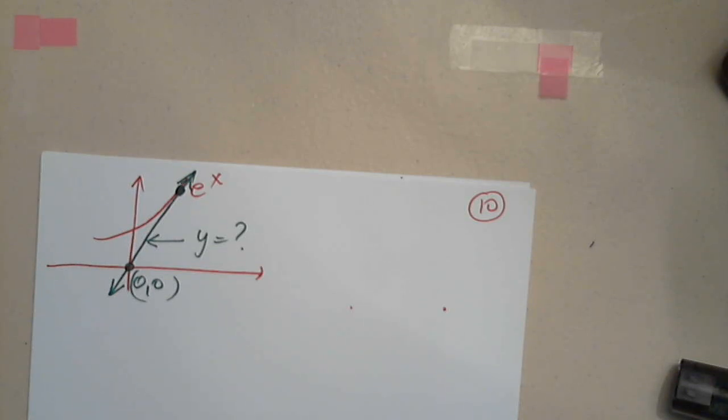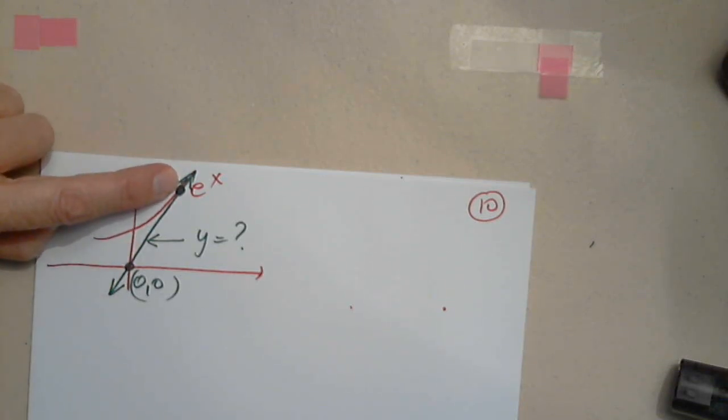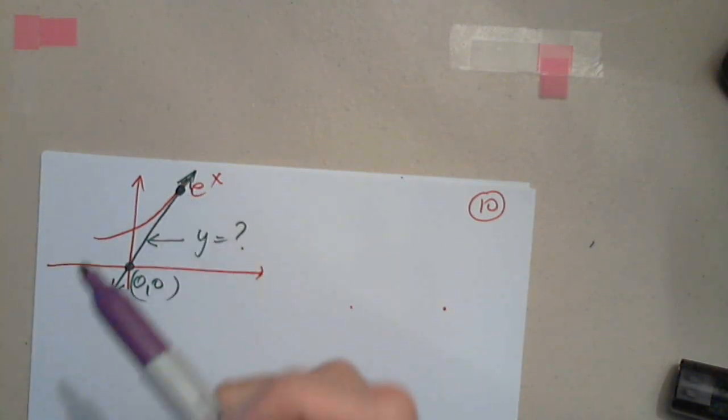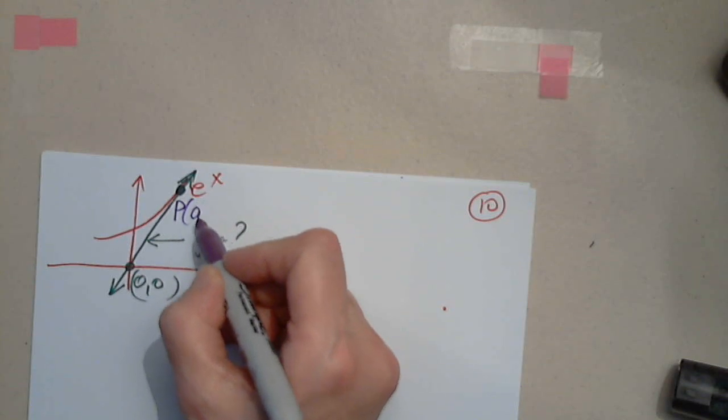I don't know. You want me to read the problem one more time? Let's read the problem one more time. Find an equation of the tangent to the curve of e to the x that passes through the origin. So let's denote this point by a comma b.